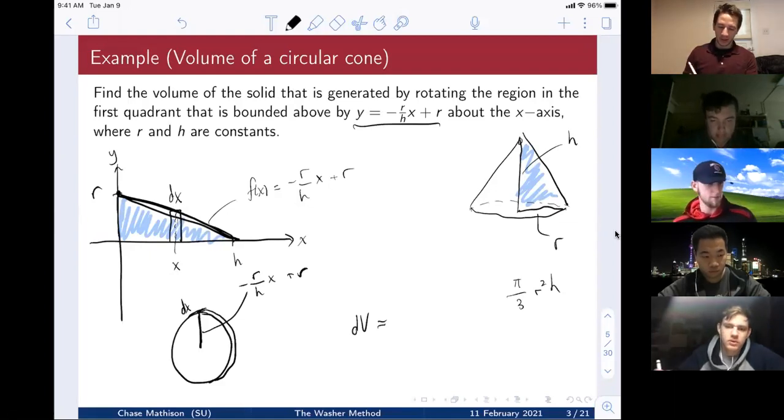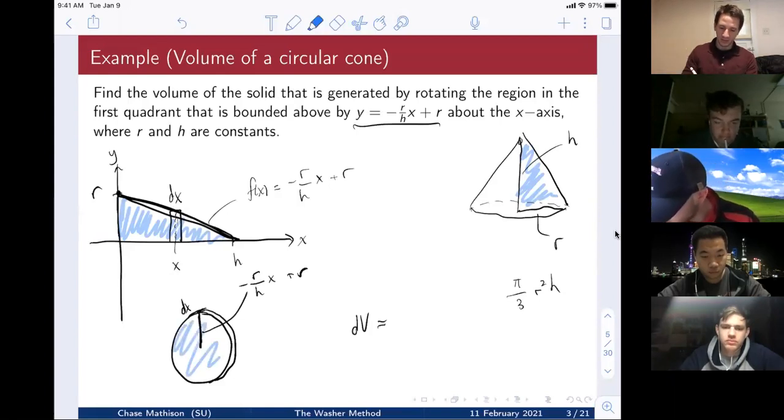Well, it's going to be the area of the circle times the width of this disk, right? So what's the area of this circular base here? Pi r squared.